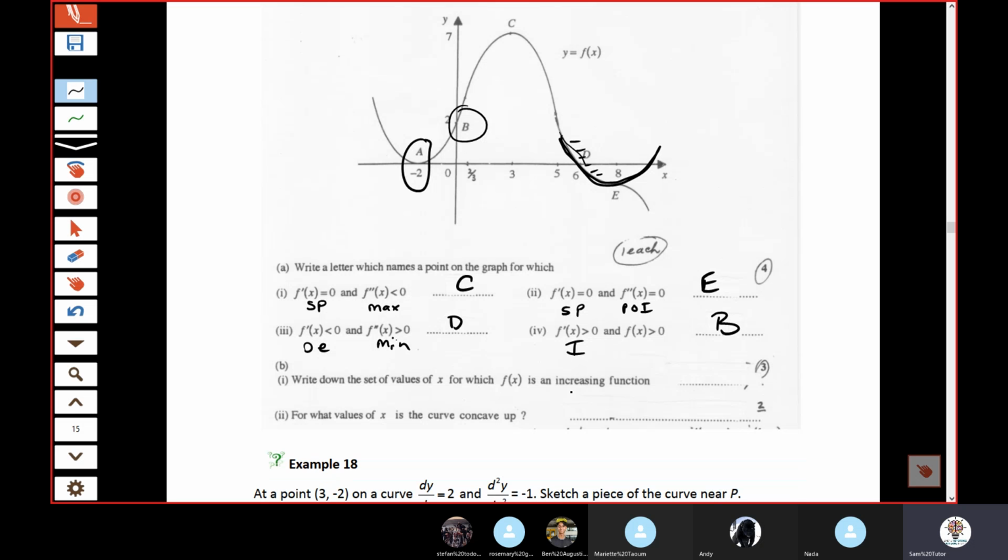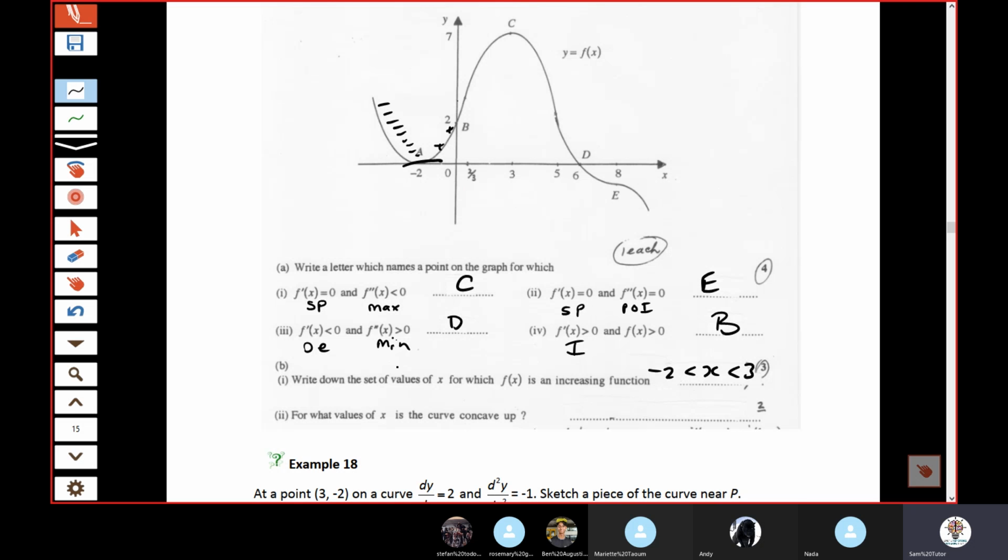Write down the set of values for which this is an increasing function. When is it increasing? That's decreasing, decreasing, decreasing, 0, -2 to 3. I'm pretty happy. Everyone's happy with that? -2 to 3.